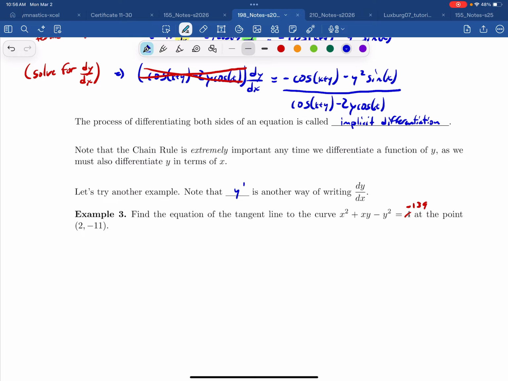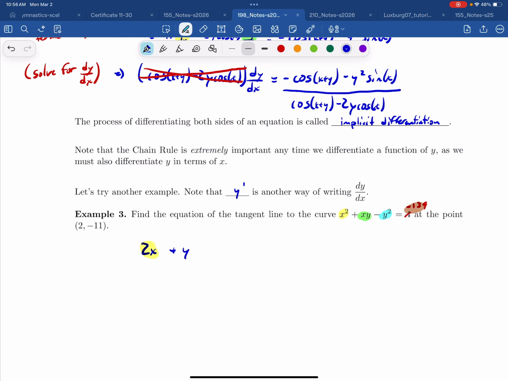Right, anyway, so we're just going to implicitly differentiate, right? So differentiate both sides, and you get 2x, right, the derivative of x squared. Just to be crystal clear, we're getting this. And then the derivative of this guy, and then the derivative of that guy, and then the derivative of this negative 139, which we should know is 0, okay? So anyway, what's the derivative of xy?